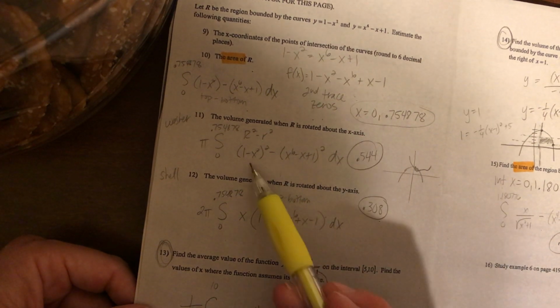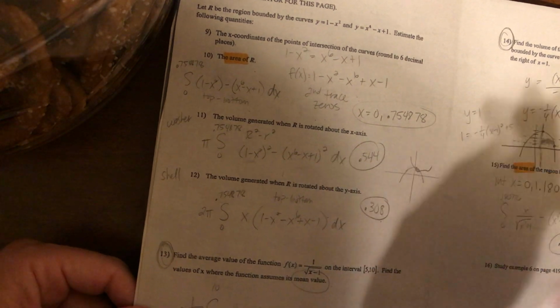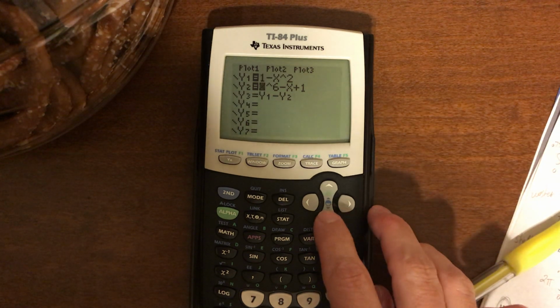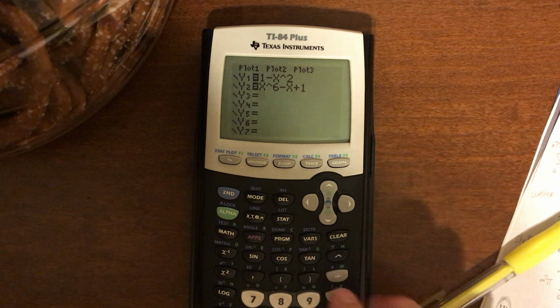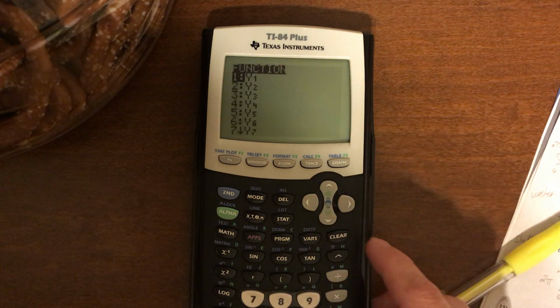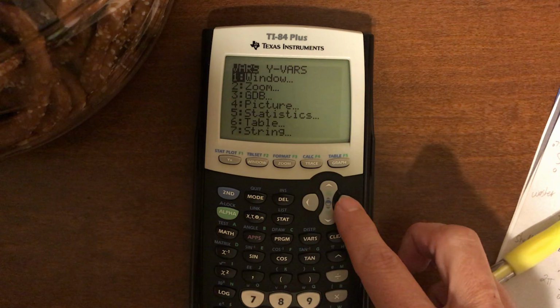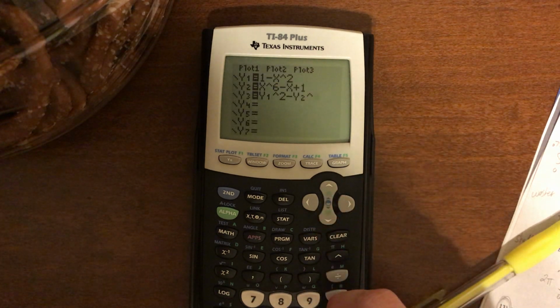Now again, this is my y1 squared minus my y2 squared. So I can still do that in my calculator. I'm going to go ahead and clear this out. Let's see if this works. Vars, y1, and let's square it, minus my vars, y2, and I want to square it.